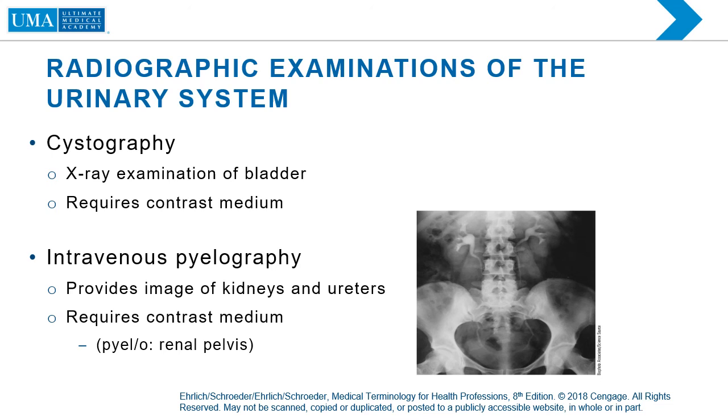Again, we have that same contrast medium that's administered intravenously, or we can say via IV, which means via the veins, and this will define those structures in the image, and that's why we call it intravenous pyelogram. And you'll notice that it's depicted with the abbreviation IVP. This test will be used to diagnose changes in our urinary tract, which results from certain conditions, maybe infections, also enlarged prostate, as well as some tumors.